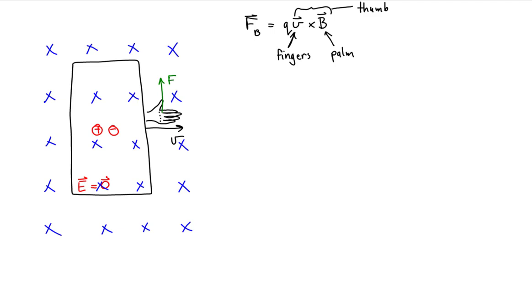So this is the direction of the magnetic force for the positive particle. So let's indicate that in our picture. The magnetic force on that positive charge is going up. Now negative charges behave exactly opposite to positive charges. So the magnetic force on the negative charge is going straight down.